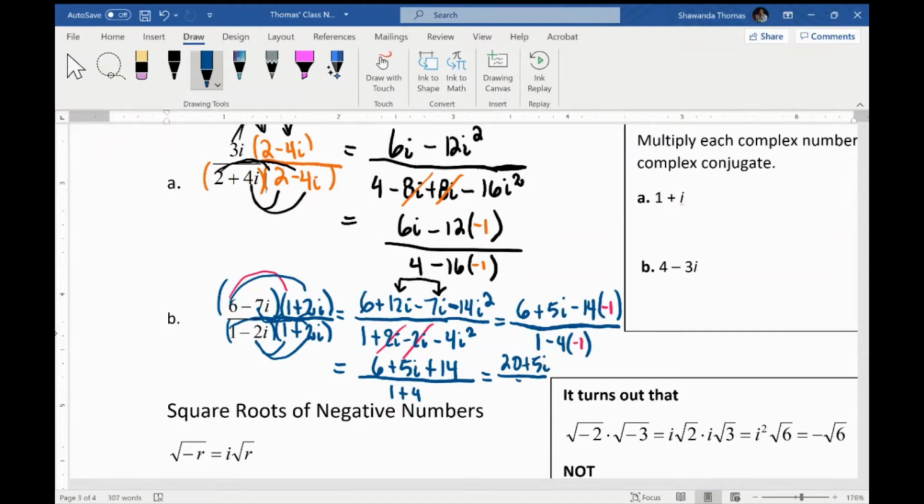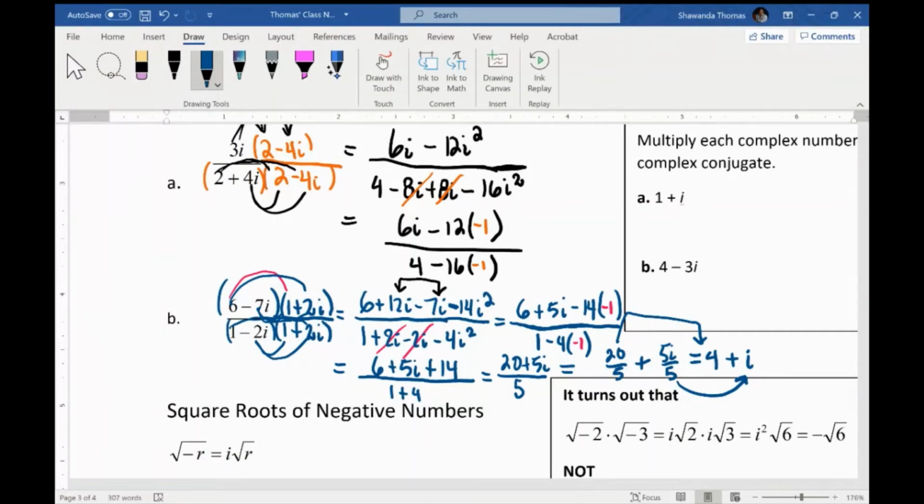And then we want it in standard form, so how should we split it up? 20 over 5 and 5i over 5. That reduces nicely. 20 over 5 equals 4, and 5i over 5 is i, because the 5's cancel out. 4 plus i is the final answer.